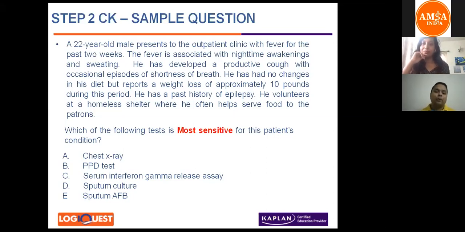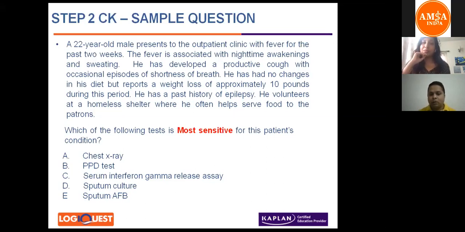Again, I would want to come back to the same point: find out the keyword. The keyword, for the sake of our discussion, is purposely highlighted in red and bold, which says most sensitive.